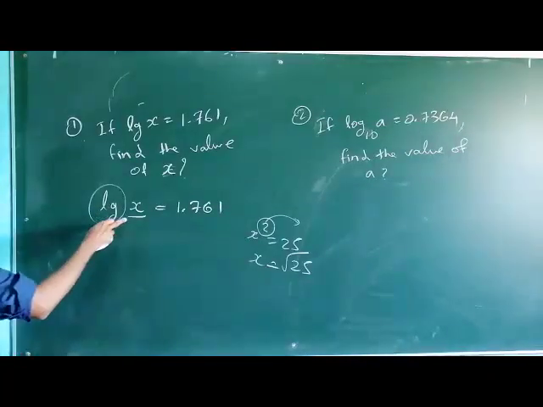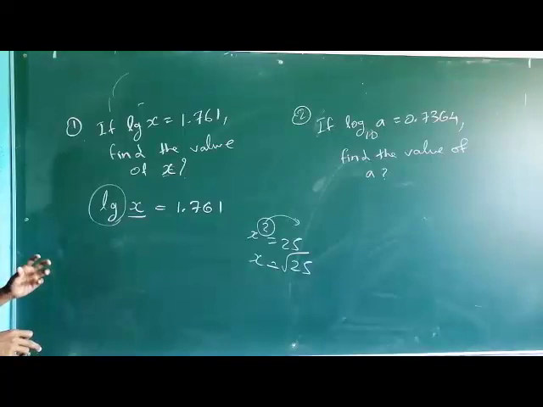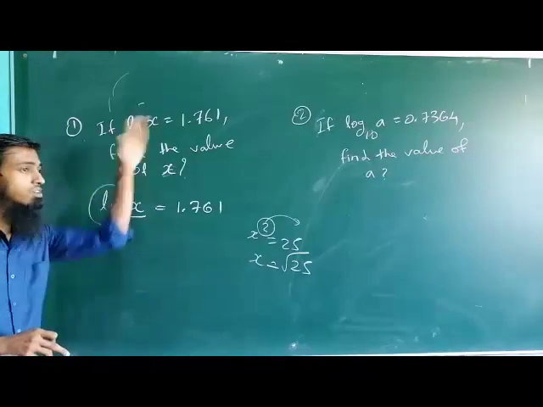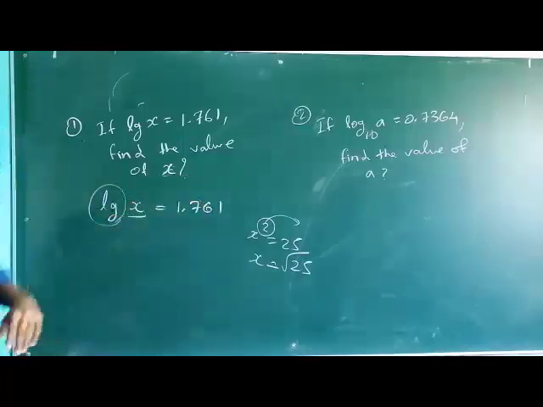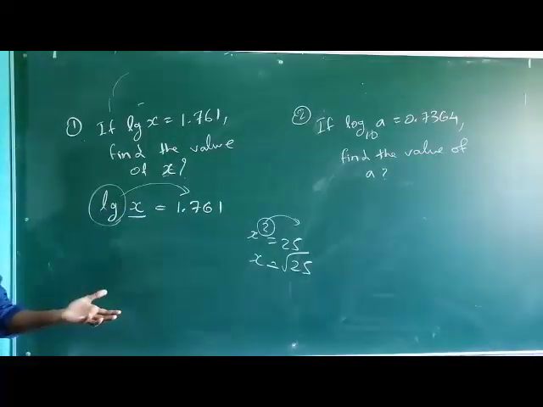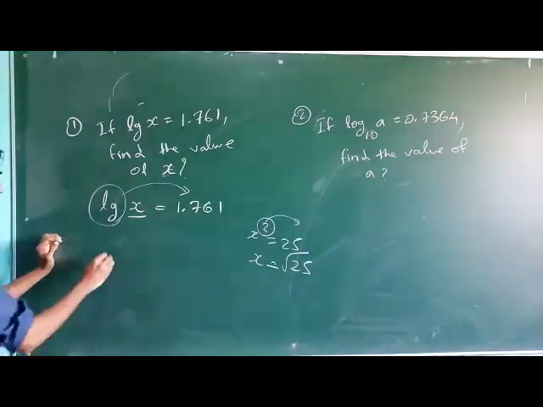Likewise, if you want to remove the logarithm from this particular unknown term, you have to send the logarithm to the other part of the equation. So what will happen? It will change to anti-logarithm.